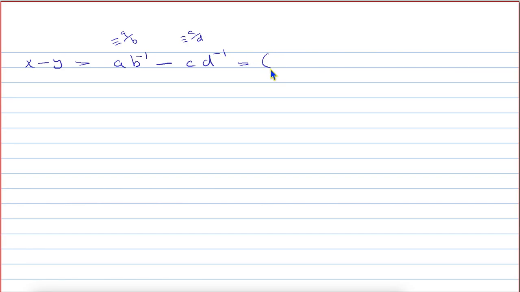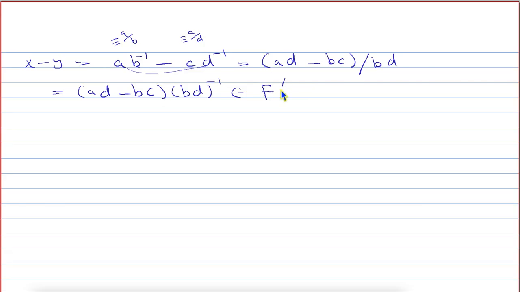So this equals AD minus BC all over BD, which is AD minus BC times BD inverse, and this is in F prime.